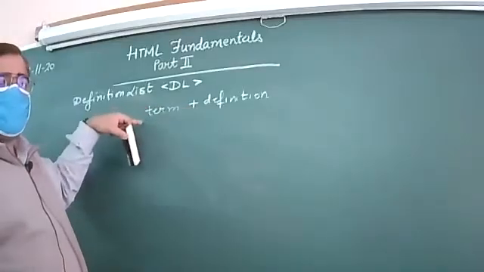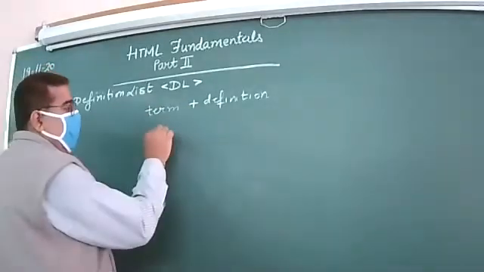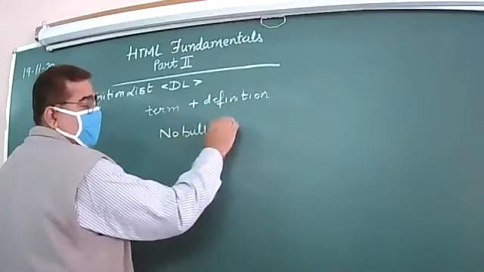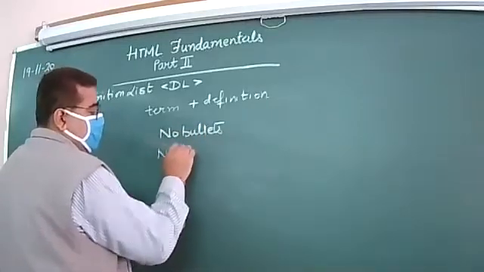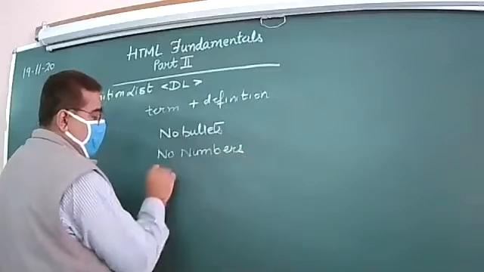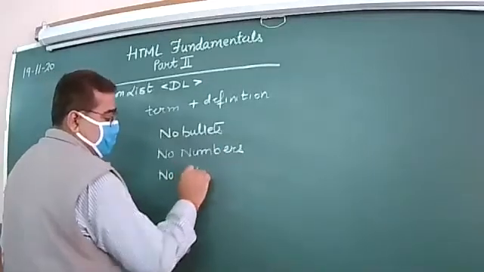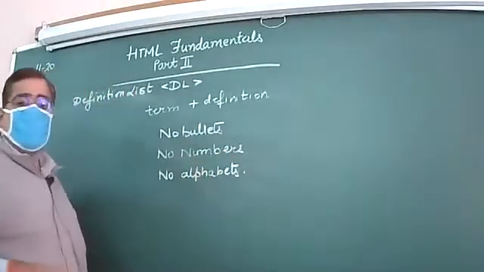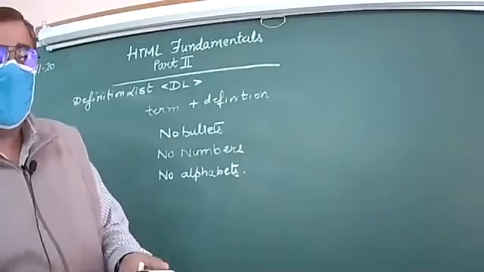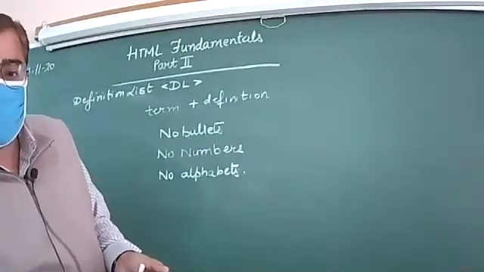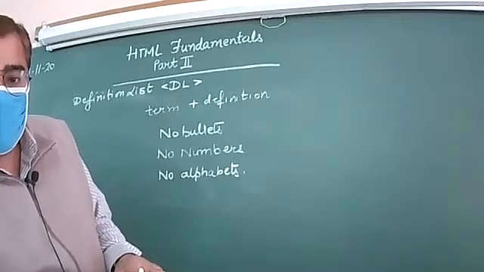This is one such list where you have no bullets, no numbers, no alphabets. Just in one line you will have the term, and in the second line you will have the definition of the term. Clear?